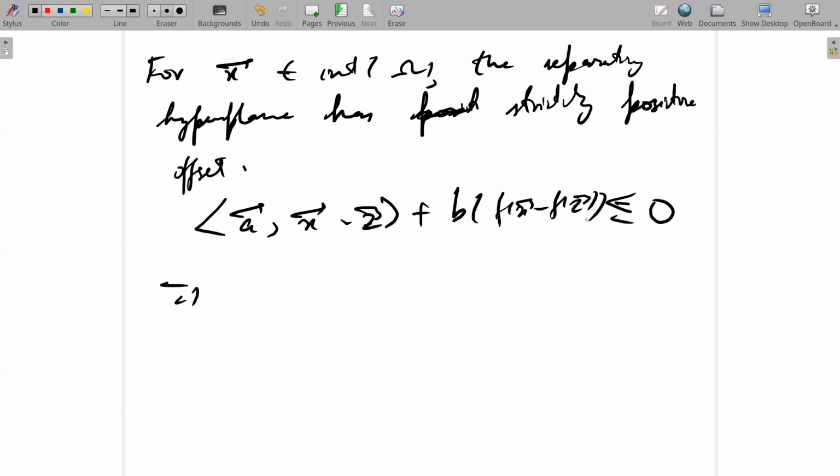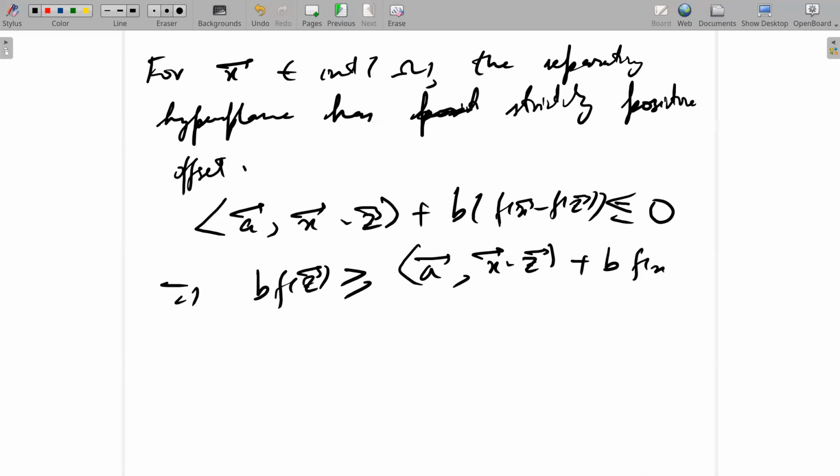So I get a b times f(z) term on the right hand side. First I get b times f of z is bigger than or equal to, moving the negative terms here, a inner product with x minus z plus b times f of x.